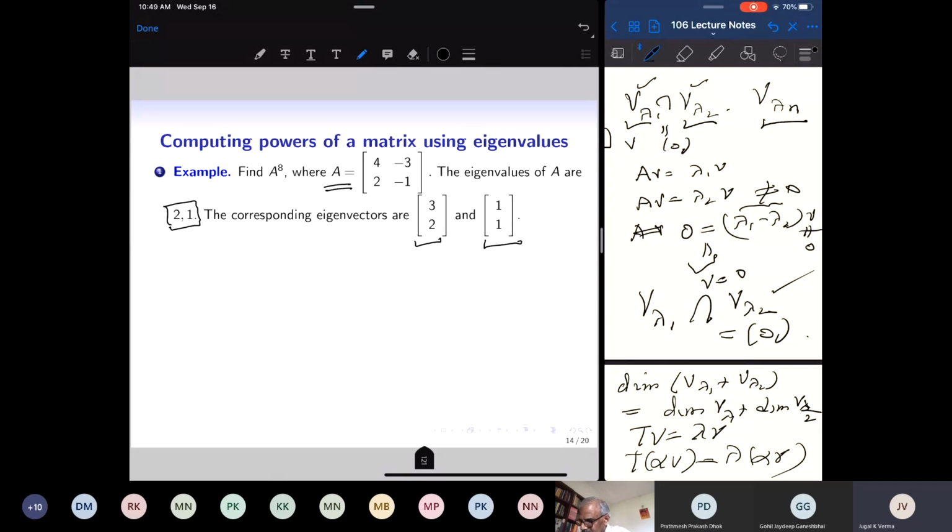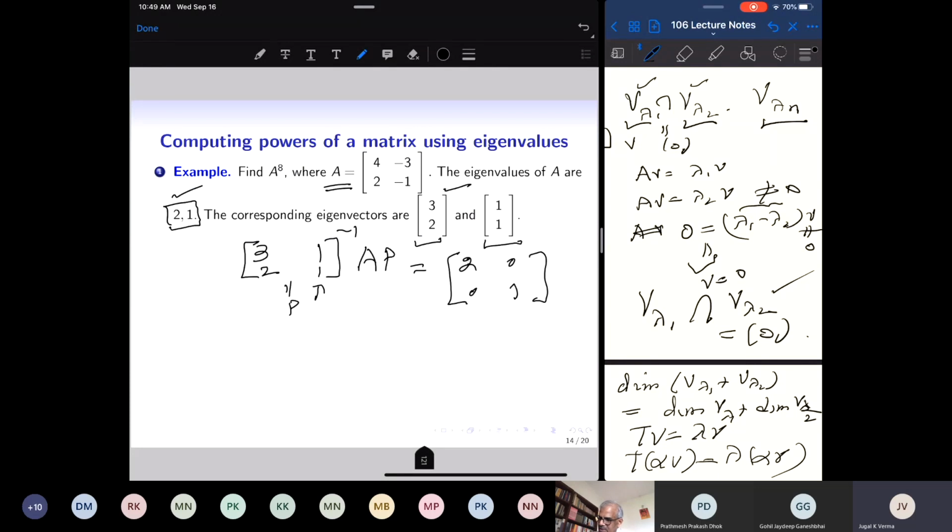If I make the matrix P whose column vectors are the eigenvectors, (3, 2) for eigenvalue 2 and (1, 1) for eigenvalue 1, then P inverse AP is a diagonal matrix.